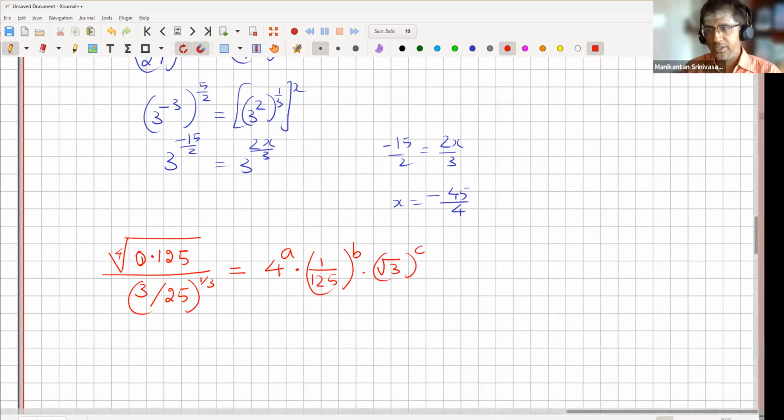Okay, find A, B, and C. The numerator is 0.125, 0.125.